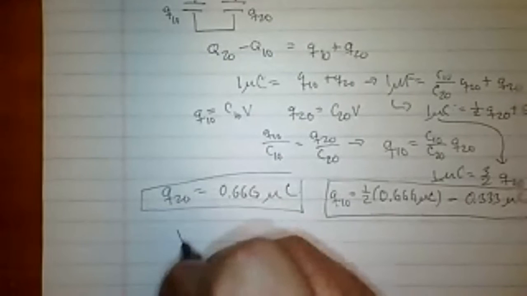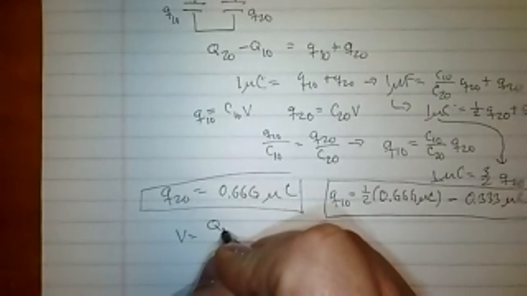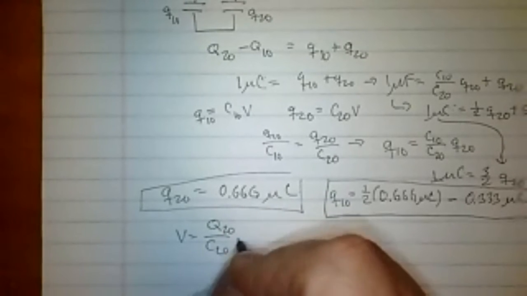And to find the voltage, of course, voltage is just equal to Q over C. So I can do Q20 over C20 if I want.